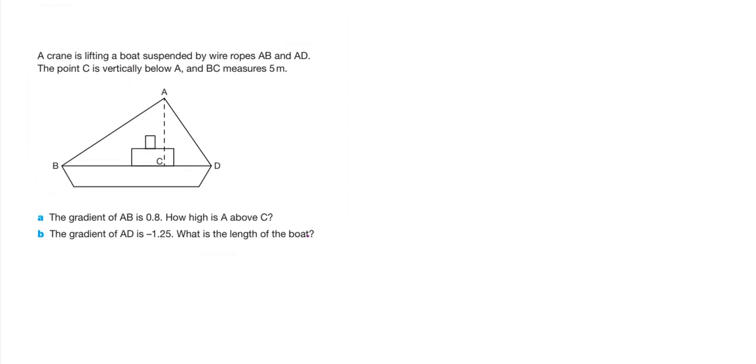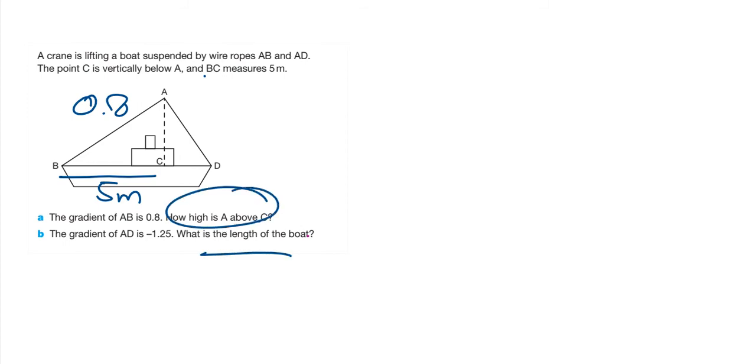All right, let's check out this one. A crane is lifting a board suspended by wire ropes AB, AC, and AD. Point C is vertically below. BC, this whole length, is 5 meters. The gradient of AB is given already, and that's equal to 0.8. How high is A above C? The gradient is given, but we need to find the length.